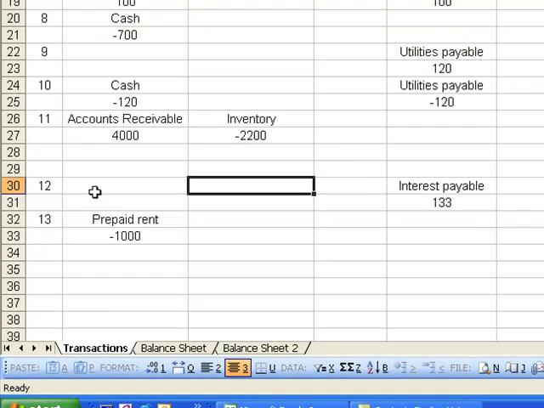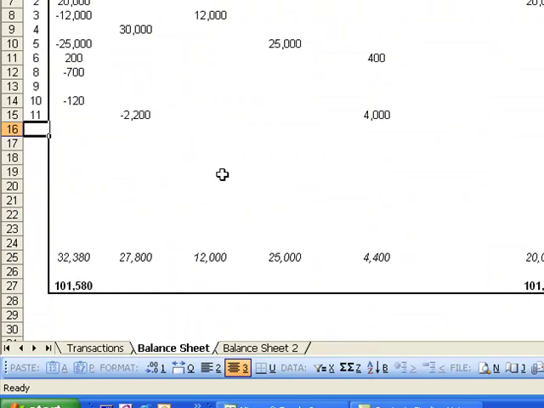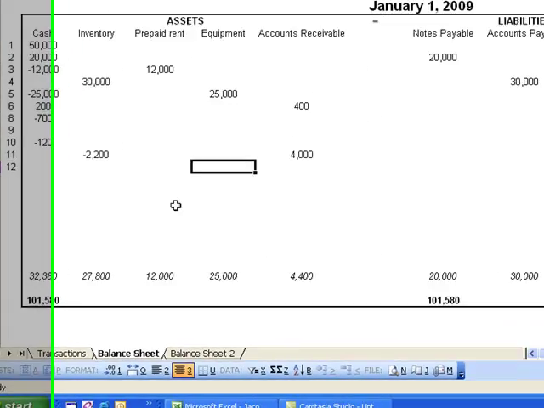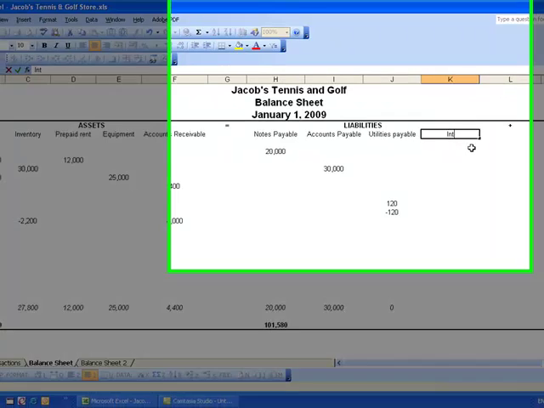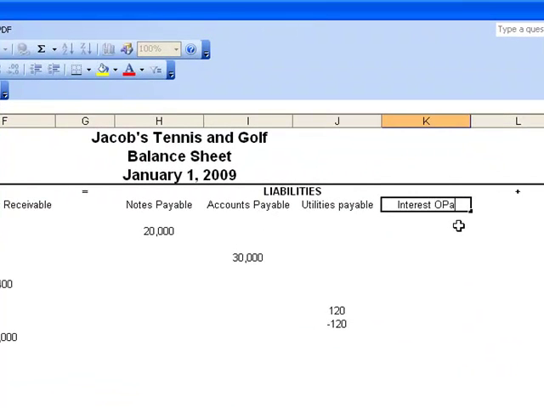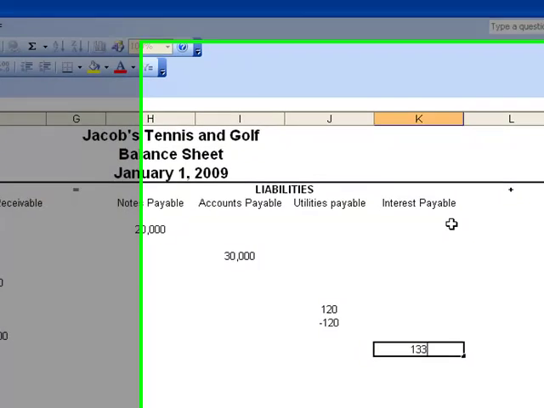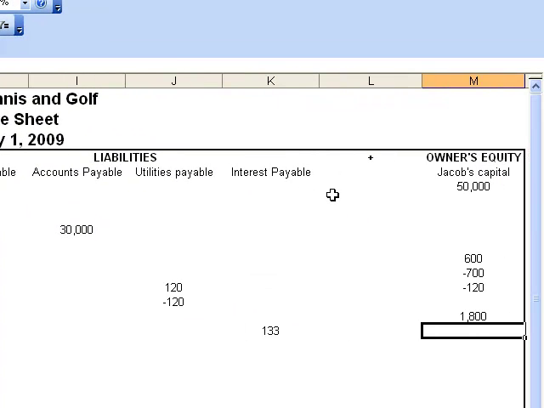The 12th transaction was about the interest expense. Let's recognize this as well. So we had interest payable. Let's add another column for that. So interest payable for the amount of 133, and interest expense, which is decreasing the owner's equity.